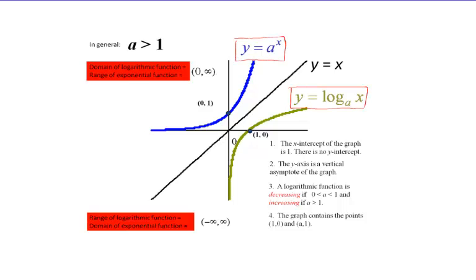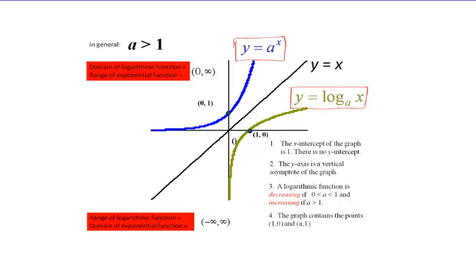Exponential functions and logarithmic functions are inverses of one another. Exponential functions do not have x-intercepts or roots or zeros. Logarithmic functions do. Exponential functions have a horizontal asymptote that is the x-axis if they haven't been translated or reflected.